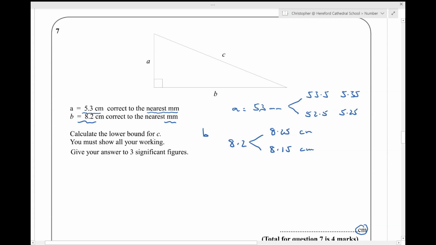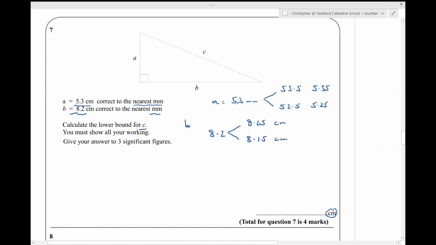Calculate the lower bound for C. Well, how am I going to work out C in this case? I've got A and B, so I'm going to use Pythagoras. C squared equals A squared plus B squared. Now I want the lowest possible C, so I'm going to use the lowest possible A and the lowest possible B. So C squared will be 52.5 squared.